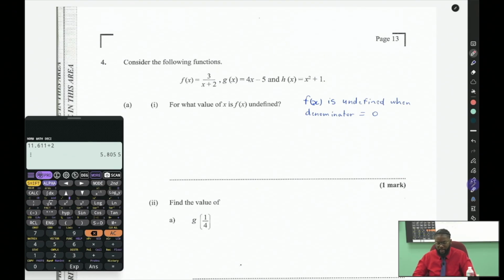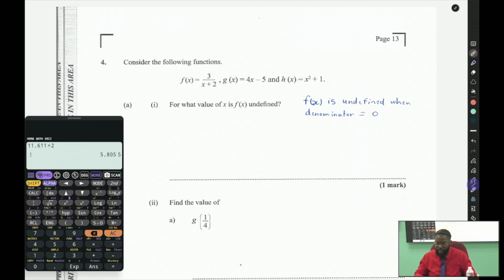So for part A, part 1, for what value of x is f of x undefined? Whenever we're trying to find when a function is undefined, we need to find what would make the denominator equal to 0. All right?